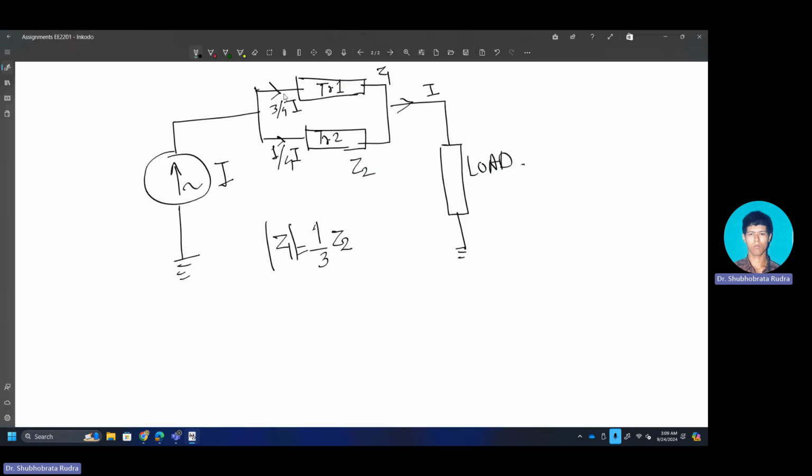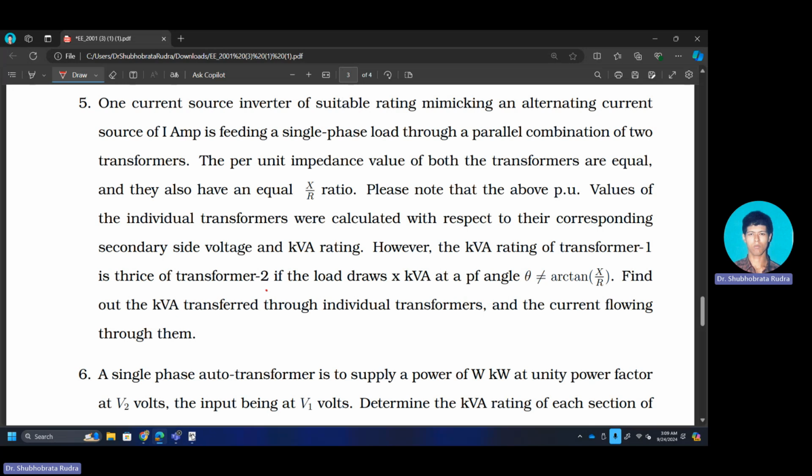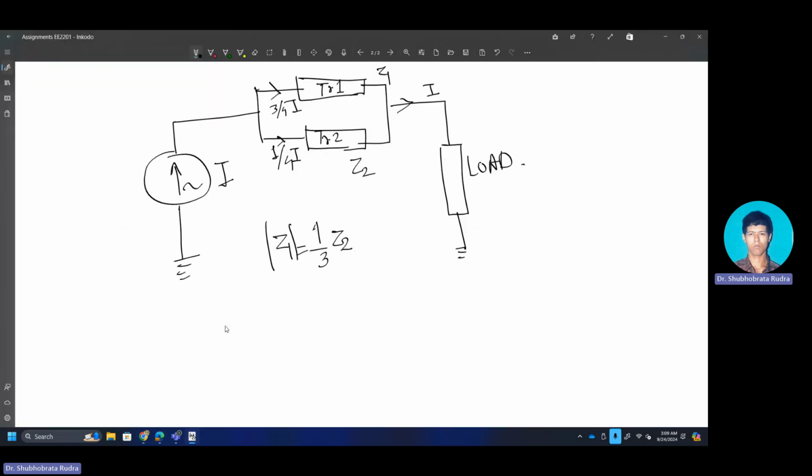So we have already found 3/4 I and 1/4 I, and then what is the KVA that we will have across our load. So for the load, we have to find out how much voltage will be developed across it.